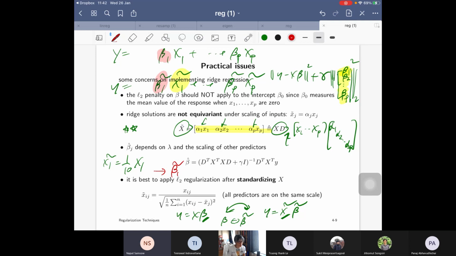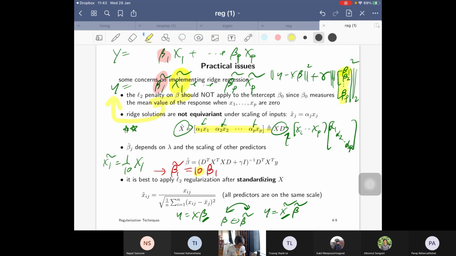Beta 1 tilde should be 10 times beta 1, right? Because this variable has been scaled down by a factor of 10, in order for this term to explain the same amount of y, beta 1 tilde should be compensated by a factor of 10.